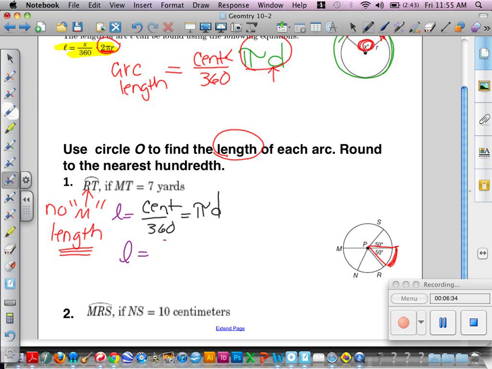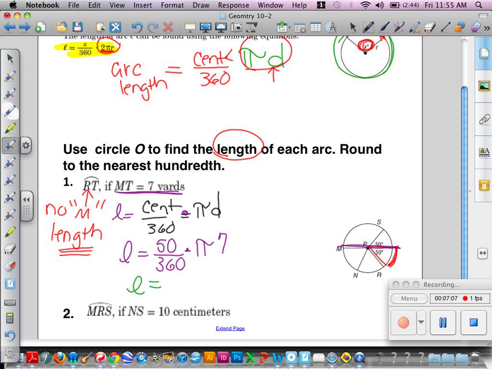So my length equals 50 degrees over 360, times pi. Now I need my diameter. MT is 7 yards. MT is the diameter in that problem, so I'll multiply times 7. So right now you can punch that in your calculator. You could go 50 divided by 360 times pi times 7.